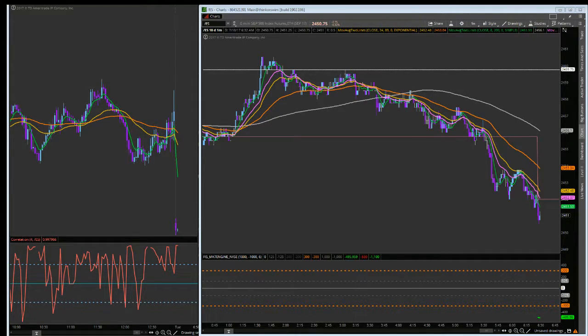Bonds creeping up. Okay, and I've gone short again, and I've taken another fill. I'm being short.